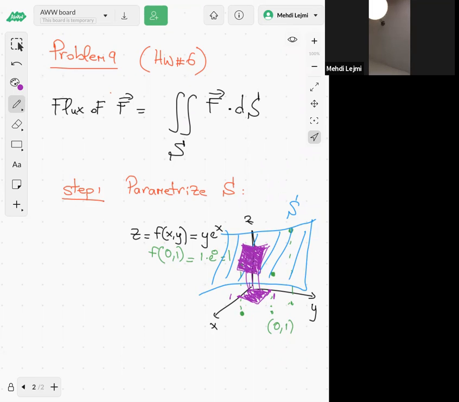Does this make sense to you? You can imagine you have this portion of your graph, so that's your surface, and you have to parameterize S. In general, whenever you have the graph of a function, z equal to something in terms of x and y, say x squared y plus sine xy, this is z equal to f of xy.